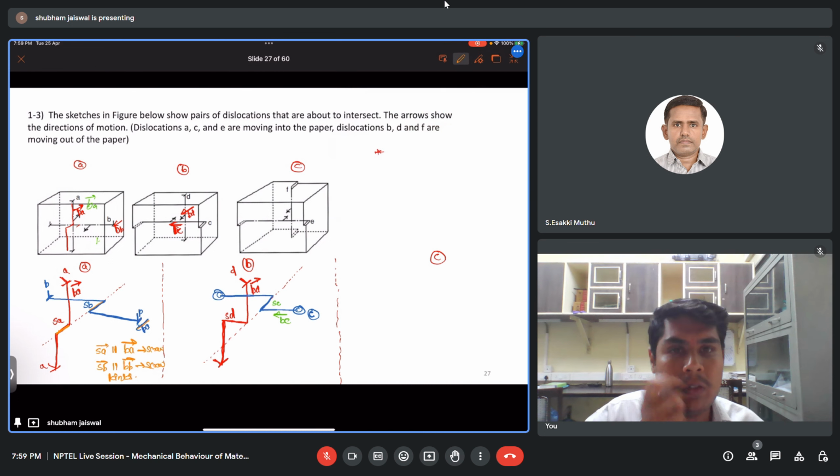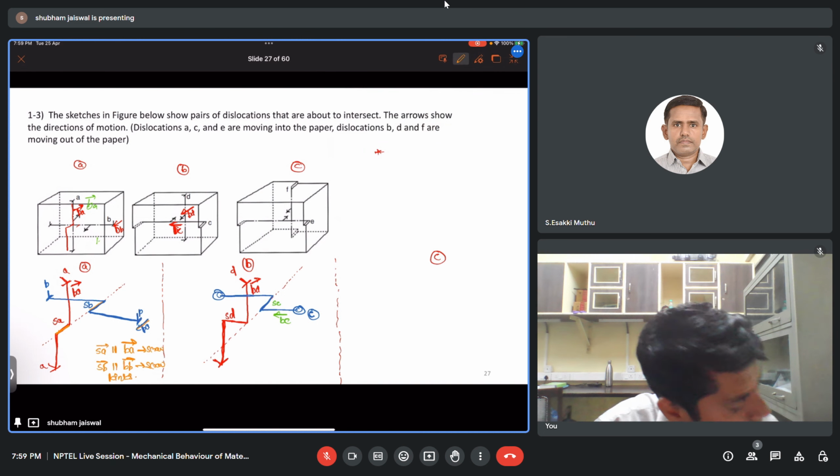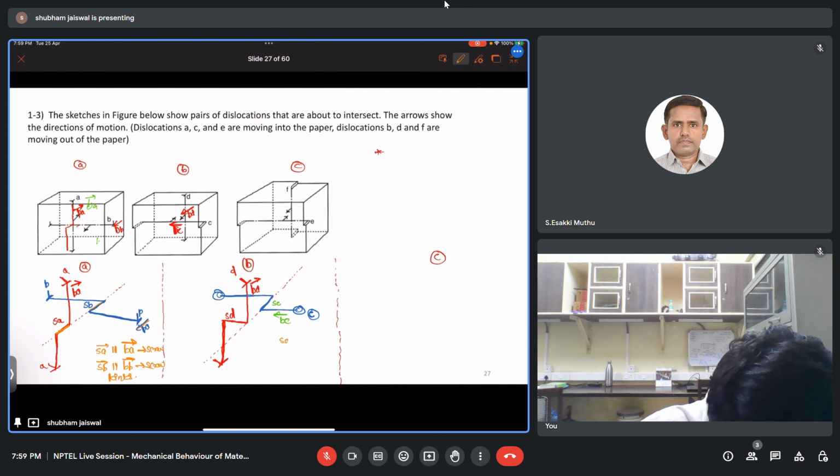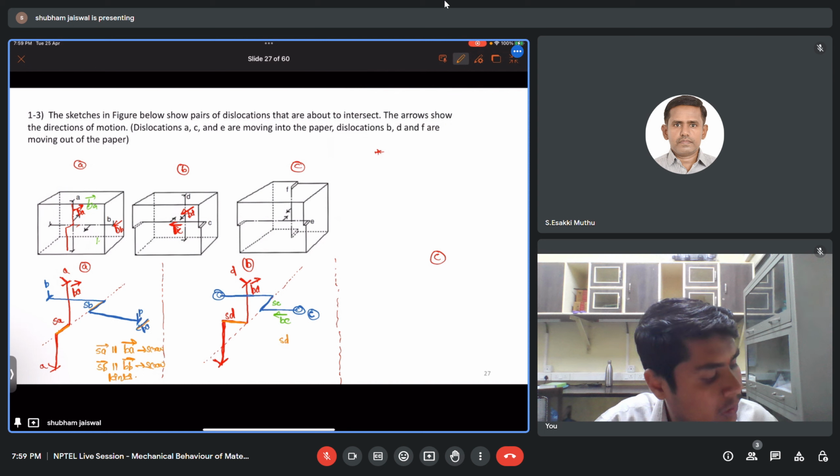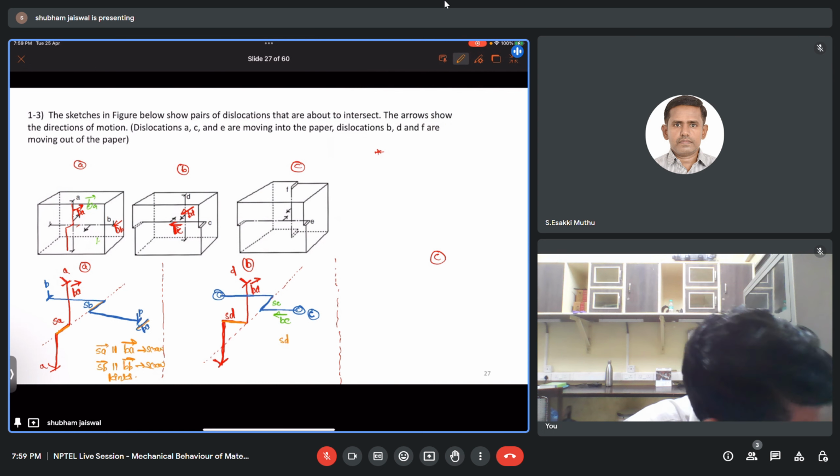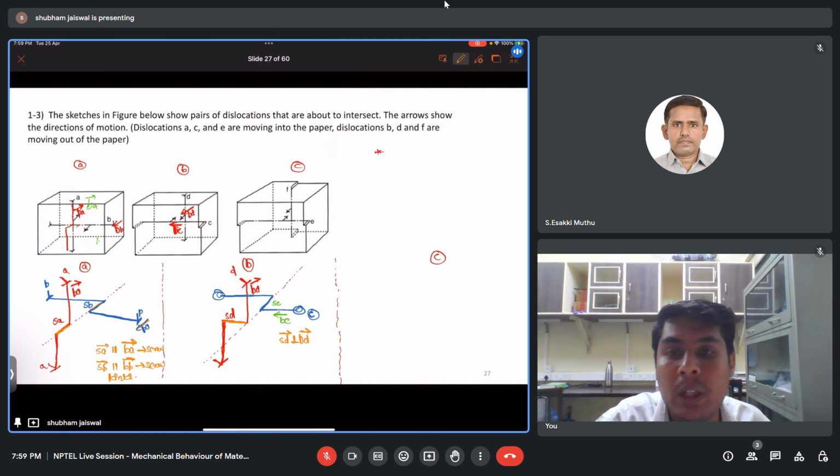Now if you see here the segment SD, its line vector is perpendicular to Burgers vector BD. So the line vector of SD is perpendicular to Burgers vector BD.